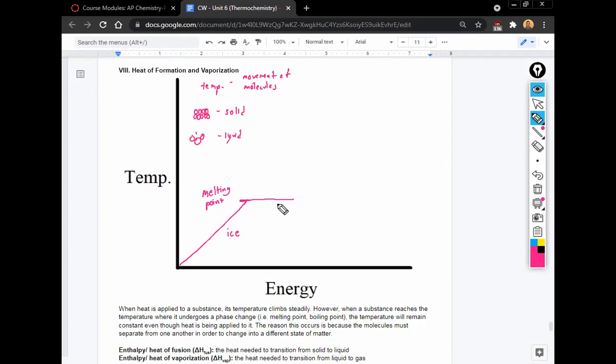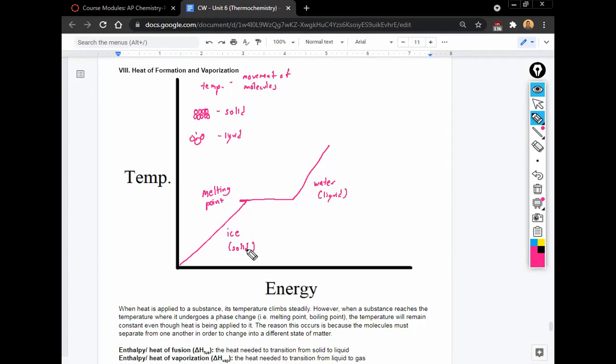Does that make sense? It's because you're not making them move faster, you're just breaking them apart from one another. It's going to stay the same temperature until all of the molecules are broken up. And then after that, the temperature can go up as you put in more energy. And that's the liquid phase.